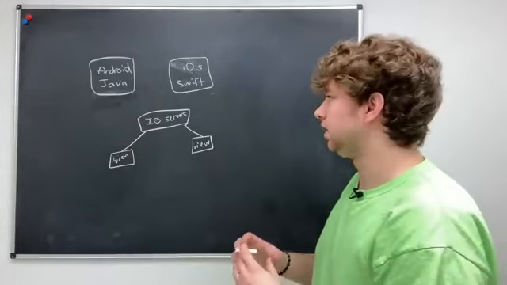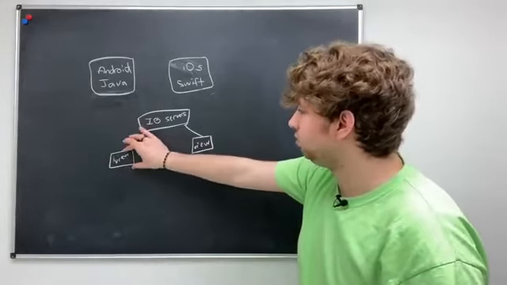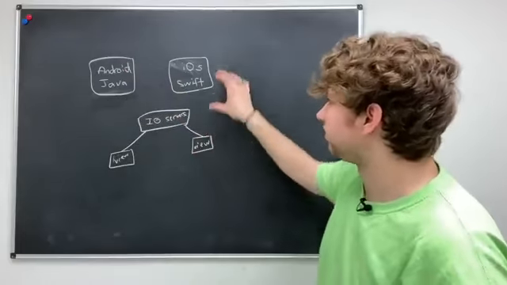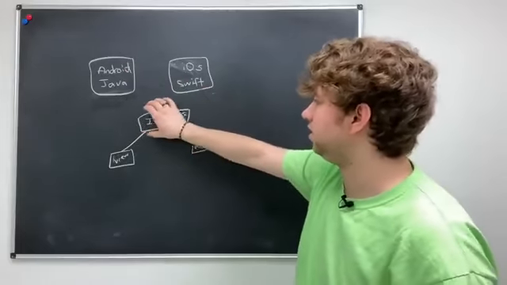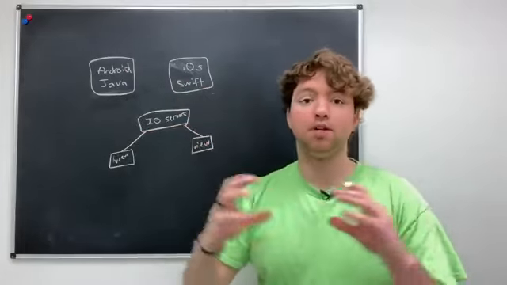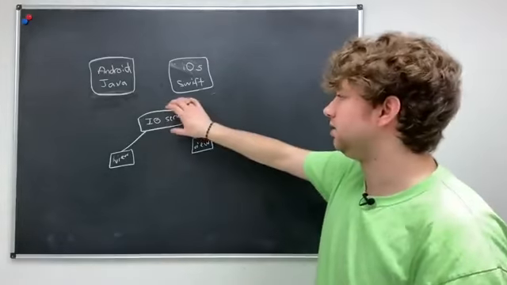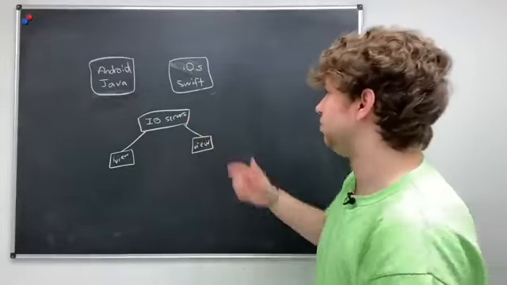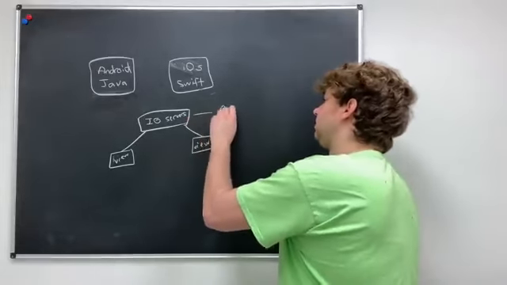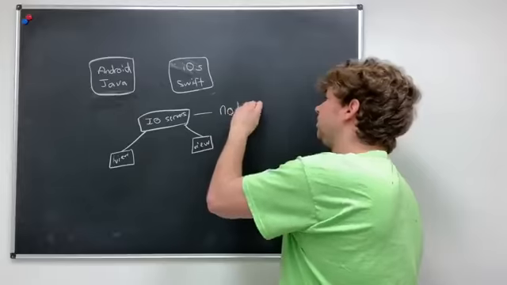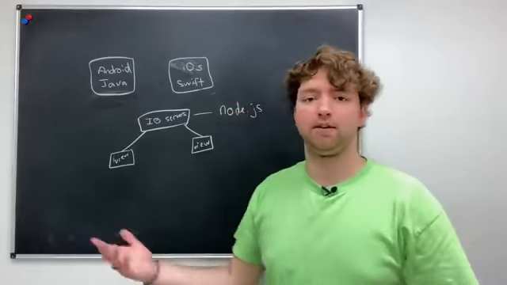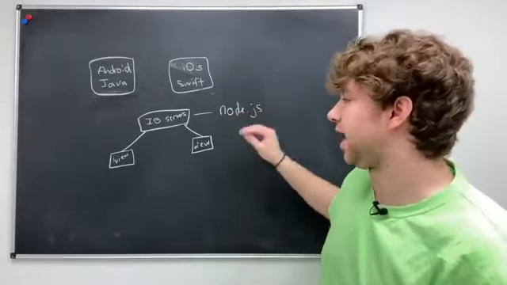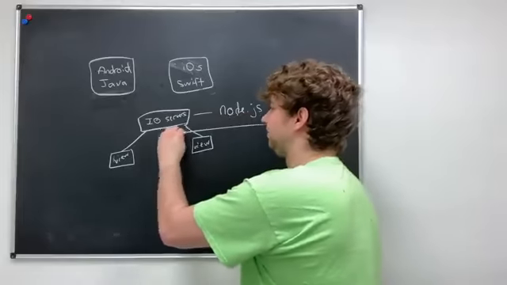So you can only code a little bit for Android and a little bit for iOS, and then code the stuff that's common between the two in some other language or whatever it might be. So for example, you could do this in Node.js, or you could do it in Java, or whatever you decide. That doesn't really matter because there's a separation here.